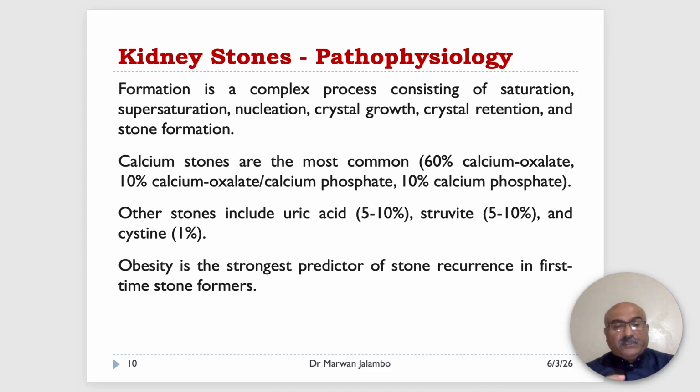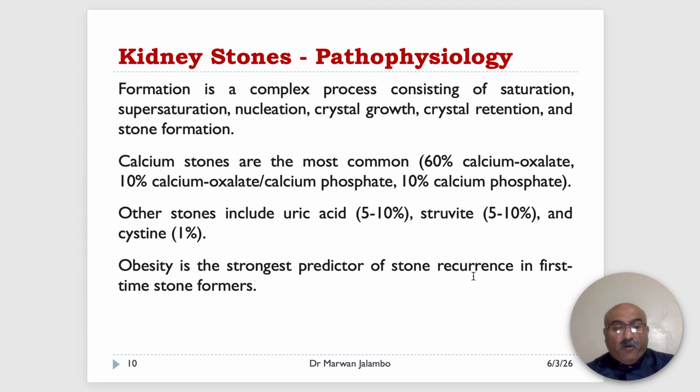Calcium stones are by far the most common, making up about 80% of all the stones, mostly calcium oxalate, 60% to 80%. The remaining stones are uric acid, struvite, or cystine.